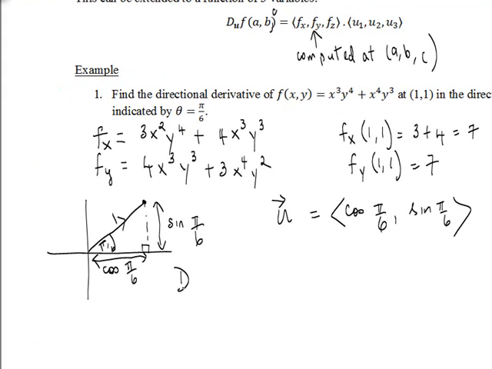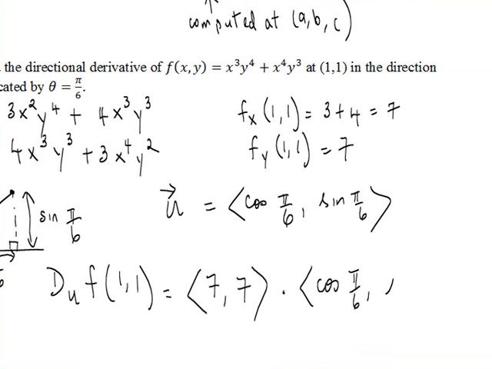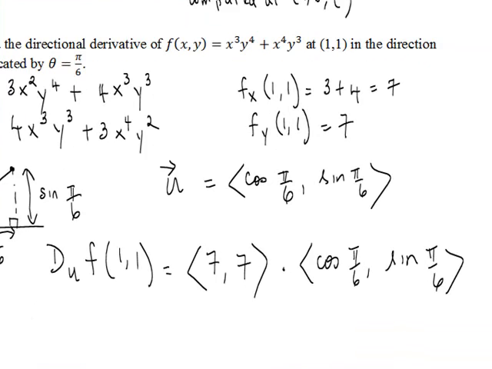So the directional derivative in the direction u of f at (1, 1) is equal to the dot product of the partials, so we got (7, 7), dot the unit vector (cosine pi over 6, sine pi over 6). And you just work that out.